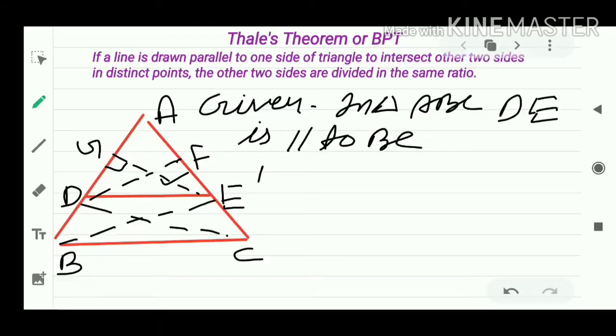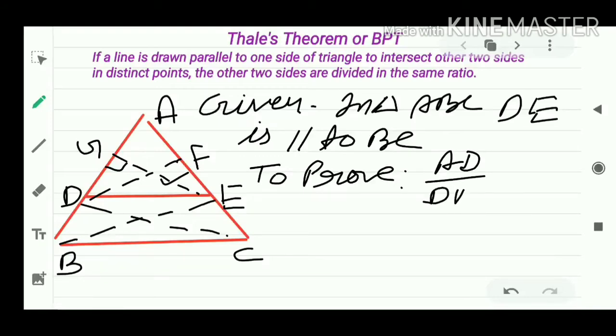To prove, as we see earlier, AD by DB equal to AE by EC, and write the construction we have drawn.